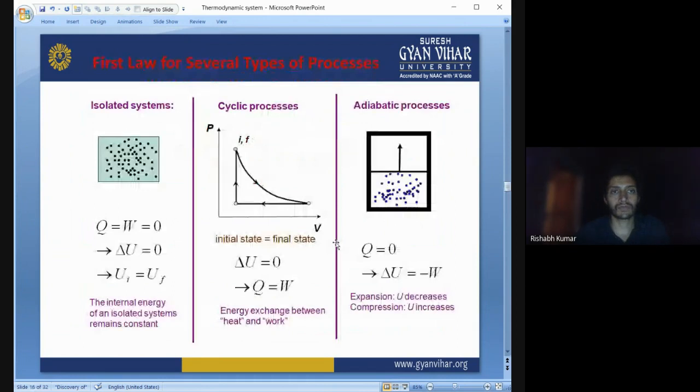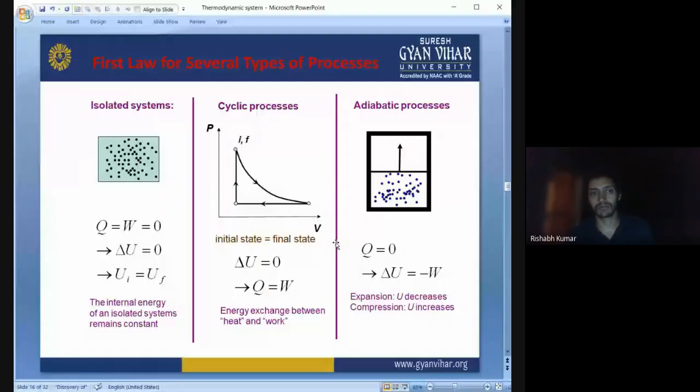So as we know, for an isolated system, what is an isolated system? One in which there is no transfer of mass and energy between your system and the surrounding. So because there is no transfer of either mass or energy, your delta W is also zero, and there is no change in delta Q, or no transfer of heat between the system and surrounding.